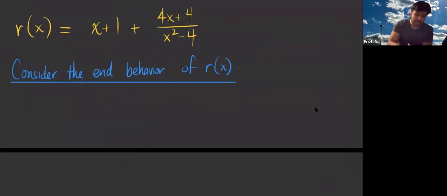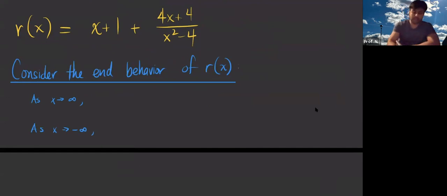Now, this idea of end behavior, again, deals with the fact that x goes to infinity and x goes to negative infinity. Now, something along these lines is teetering on what's called limits.